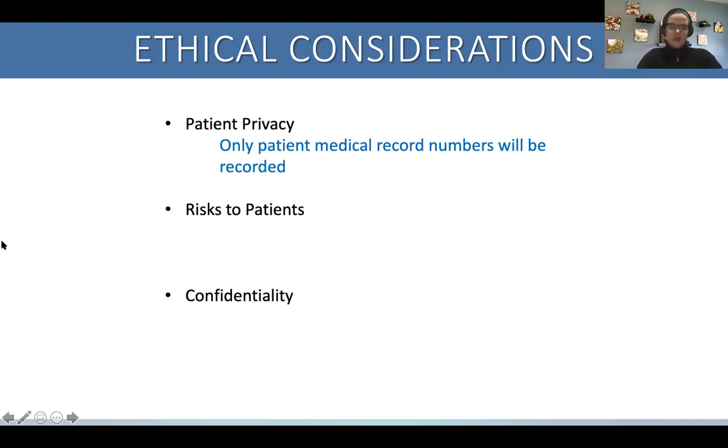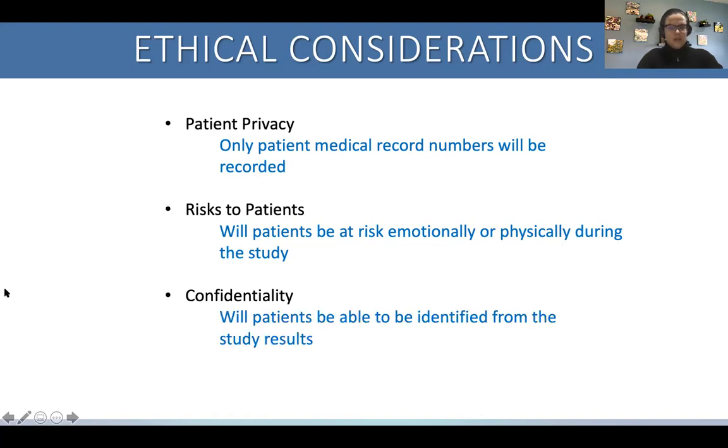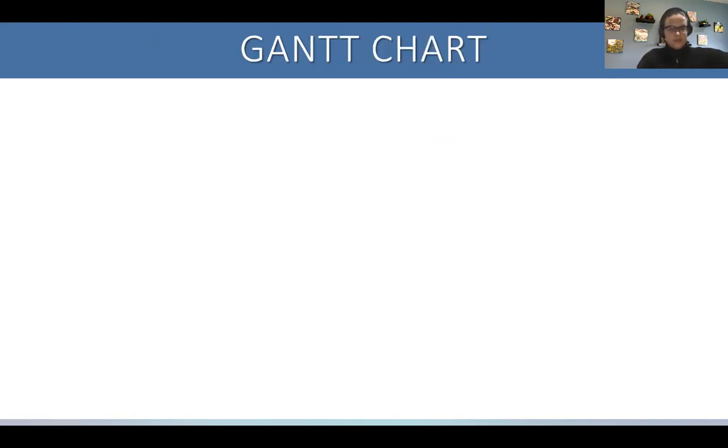So if someone were to get a hold of your data, they wouldn't be able to identify the patient. You may include what the risks are to the patients, whether there are emotional or physical risks during the study that participants might encounter.